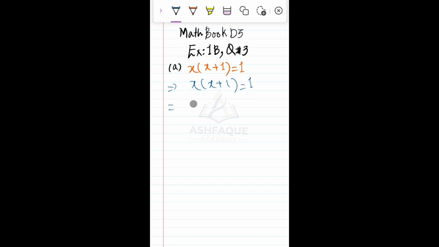So x square plus x is equal to 1. So what will happen? x square plus x minus 1 is equal to 0. Now this is a quadratic equation.